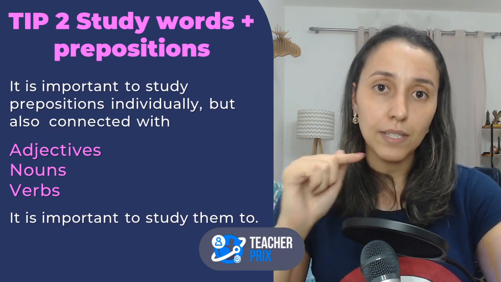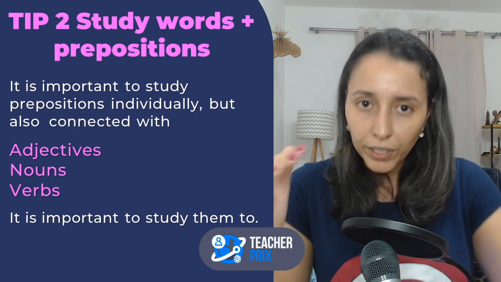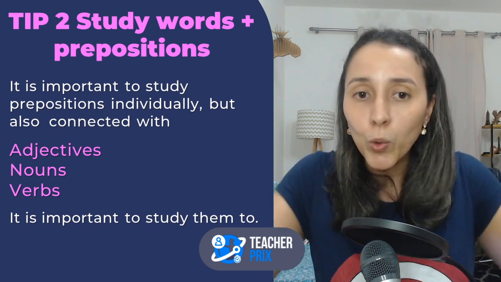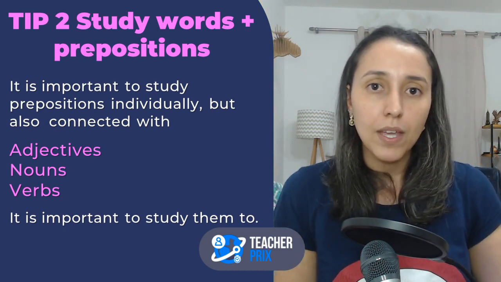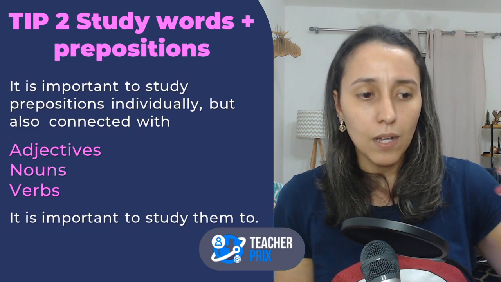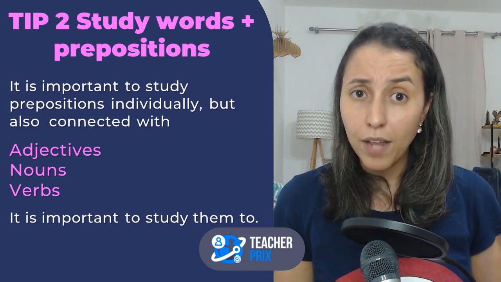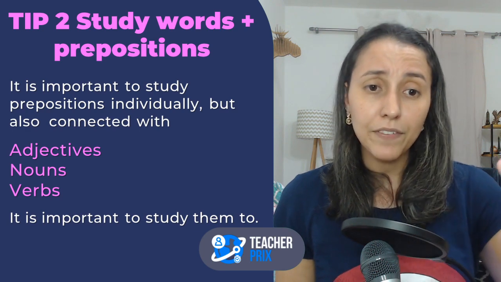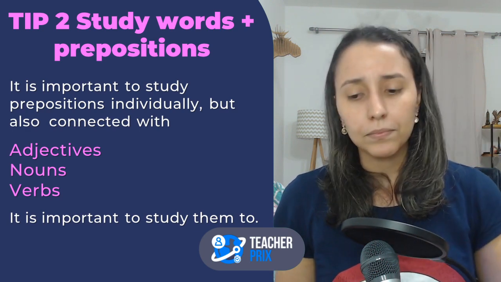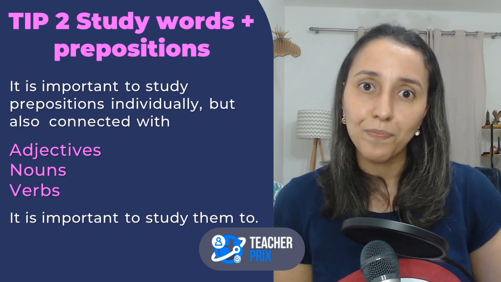So this is something that I recommend you spend some time working on, okay? You don't need to be hours and hours studying and doing exercises of prepositions, but watching some lessons, studying some lists, not very long lists. And I believe here that you can focus on adjectives, nouns, and verbs that you know, okay?